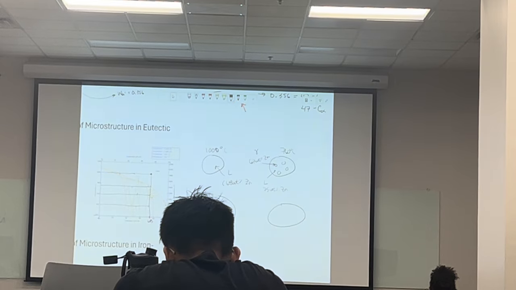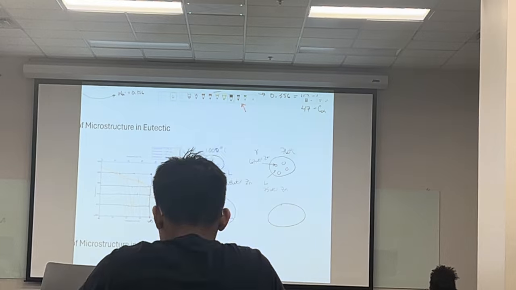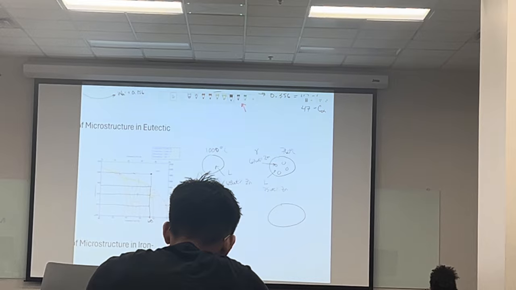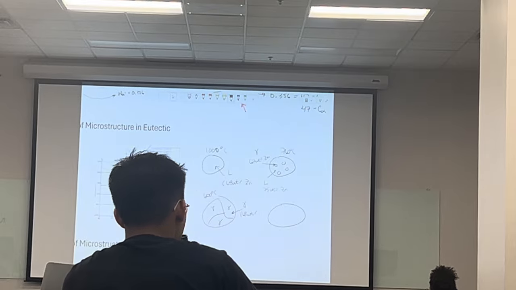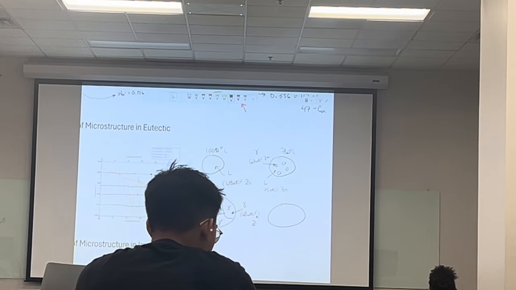And at 600 degrees Celsius, you have this microstructure going on, which is gamma, at 68% zinc.